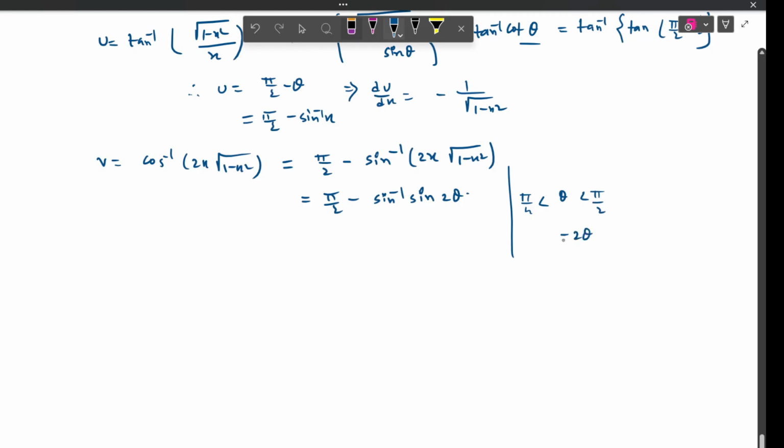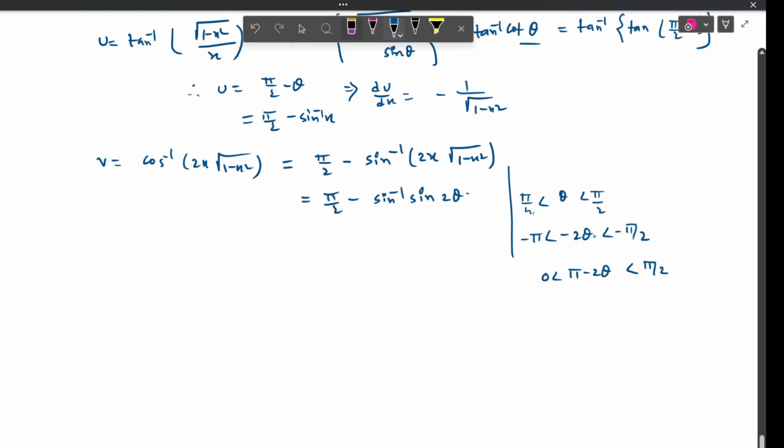So minus 2 theta will lie between, if you multiply by minus, minus pi and minus pi by 2. If you add pi in all the sides, this will be 0 less than pi minus 2 theta less than pi by 2.